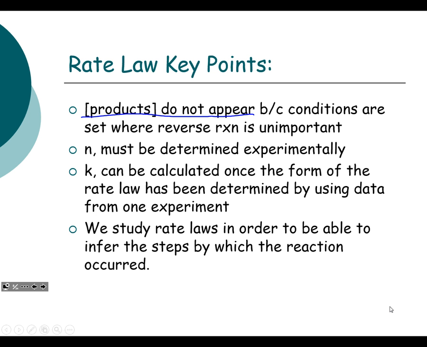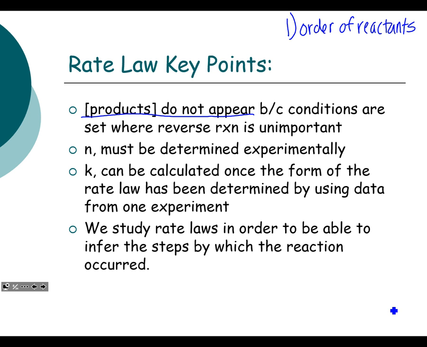A couple of things when we're doing rate laws: there's kind of an order by which everything has to be done. The first thing you always have to do is come up with the order of the reactants. That is always step number one. That's the first thing that has to happen.